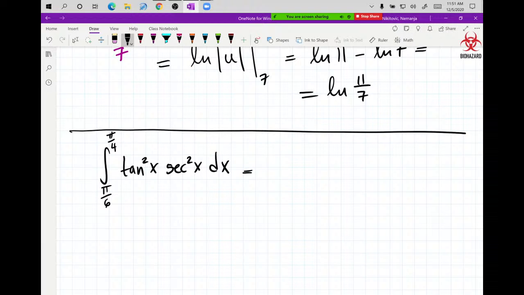And let's see what you get. Remember what I need: function derivative pair. And I also need new limits, u1 and u2.